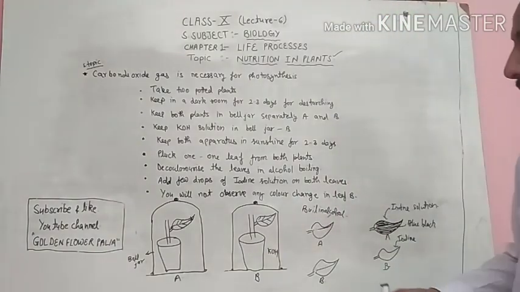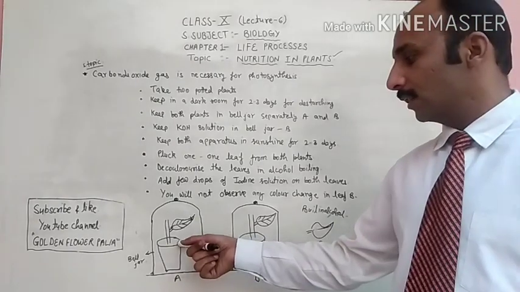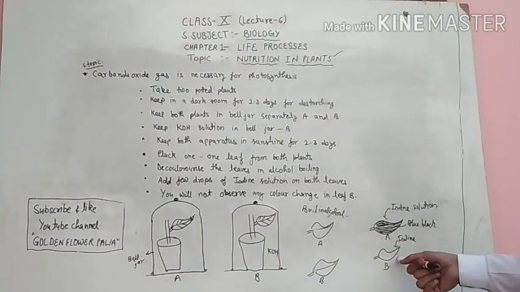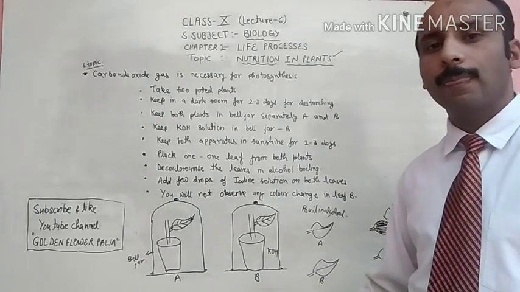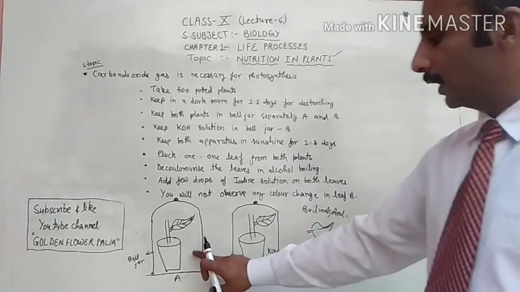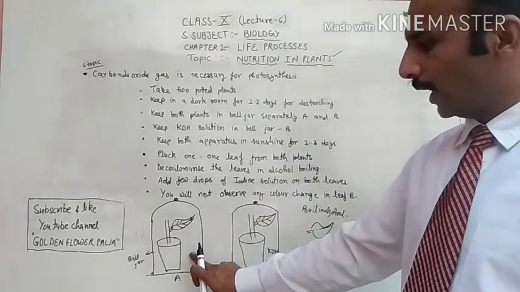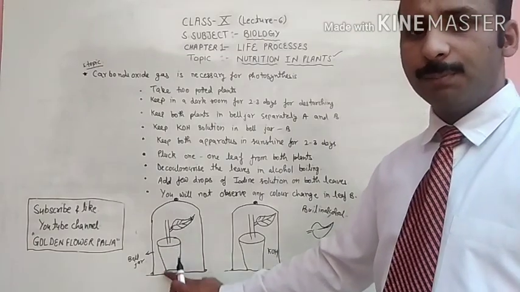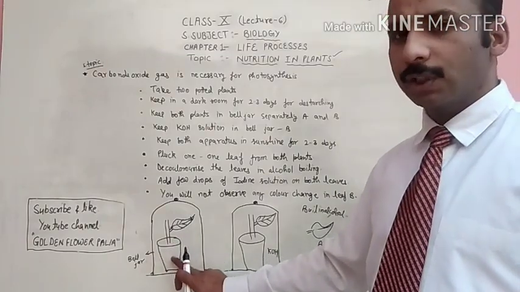Why does this condition occur? In this leaf blue black color appears, in this leaf blue black color does not appear, because look at the difference. In bell jar A we are keeping only the potted plant.